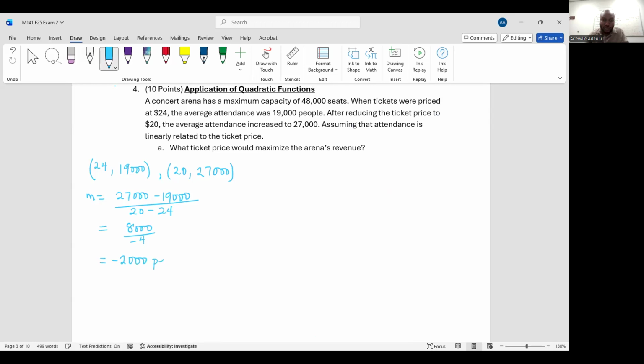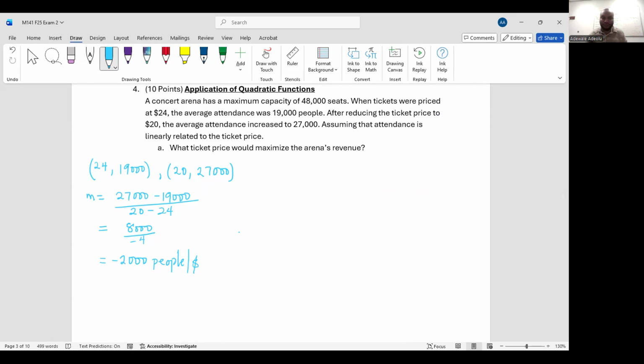So that means we're having this per dollar. For every $1 increase, there is a reduction of 2,000 people attending the concert. That is the meaning of negative. It doesn't mean human beings can be negative, but since it is a rate of change, it is saying for every $1 increase, there is a decrease of 2,000 people attending the concert or getting the tickets.